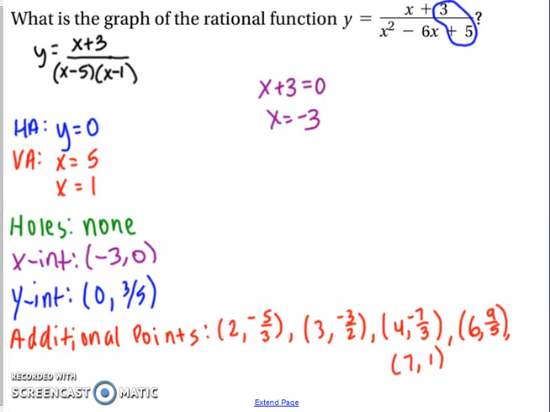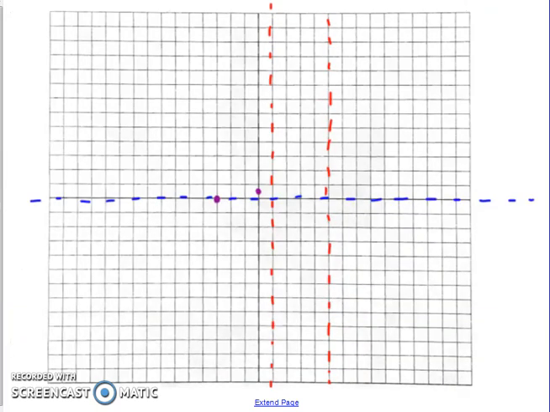So the first point I'm going to graph is (2, -5/3). So (2, -5/3) is about here. Then I'm going to graph (3, -3/2). So 3, about here. It's a little bit higher than the other point.